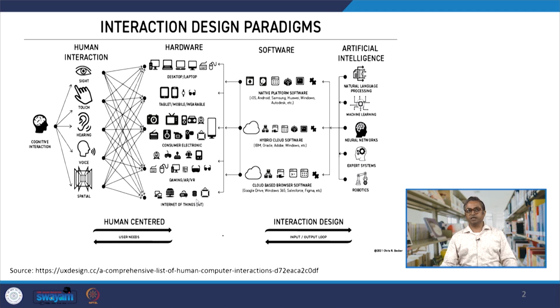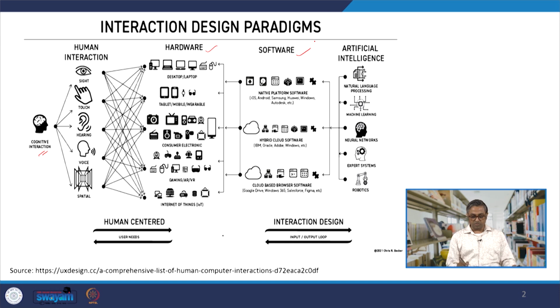Now what we see here is the same design which I showed you in the previous lecture. When humans are involved here, several cognitive components are involved, and these cognitive components interact through the sensory system and physical system with the hardware and software of a system.